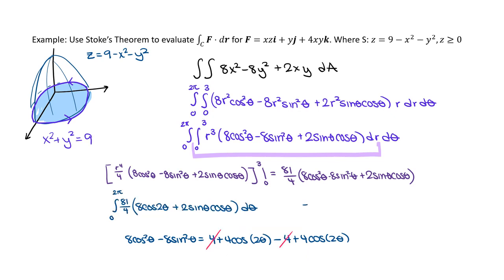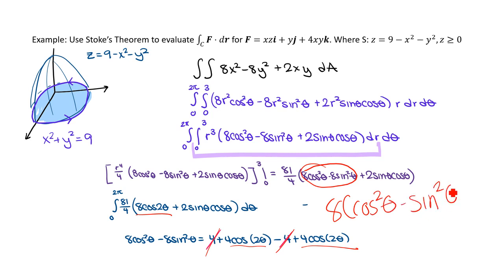Now this 8 cosine squared minus 8 sine squared we can replace with 4 cosine 2 theta plus 4 cosine 2 theta, which is 8 cosine 2 theta. The other way of doing this, which you might recognize from trigonometry, is that cosine squared minus sine squared is actually cosine 2 theta.